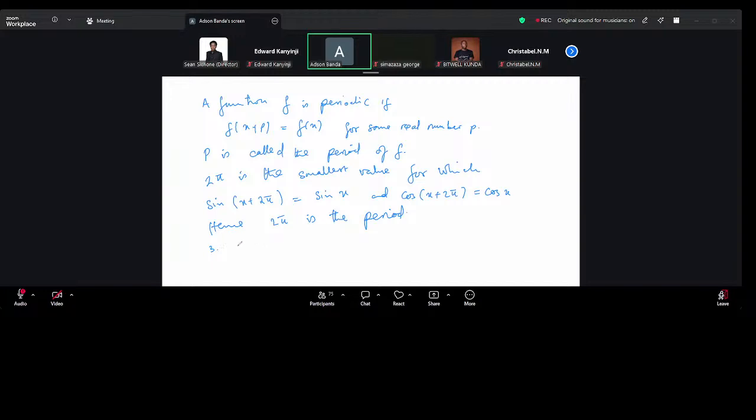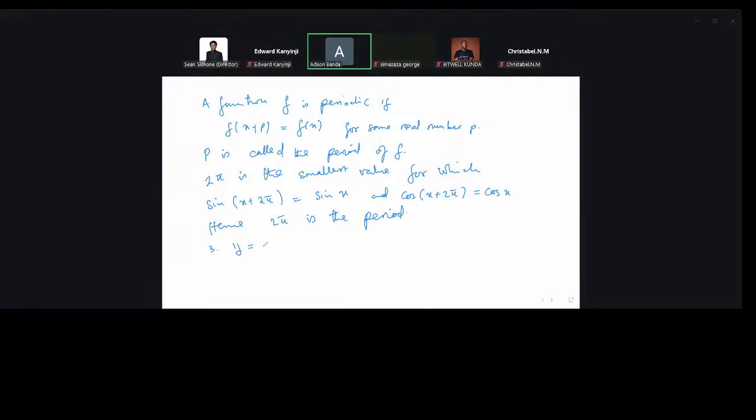Right, so we have now y is equal to the tangent. Let me write this as tan instead of tangent. So y is tan x. Again, we are going to use the table of values.